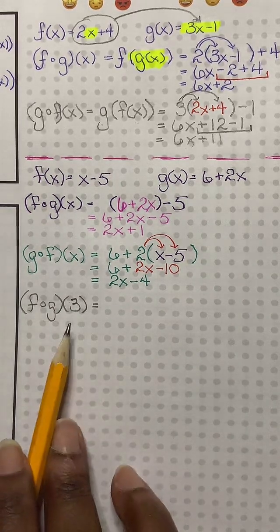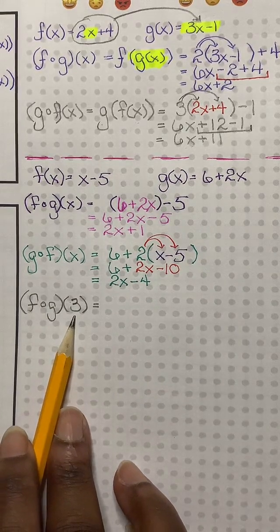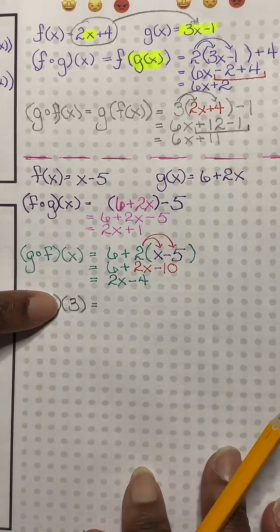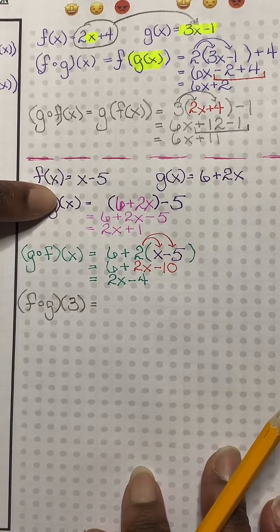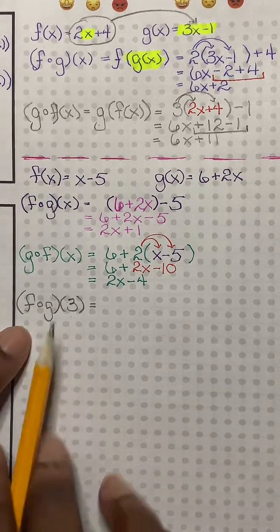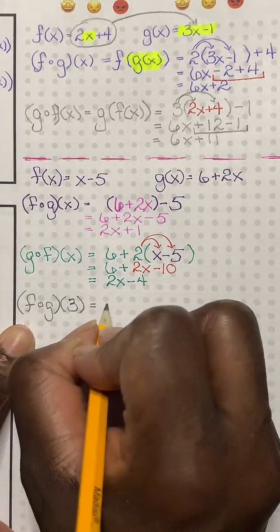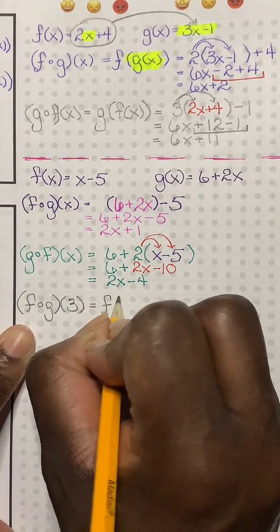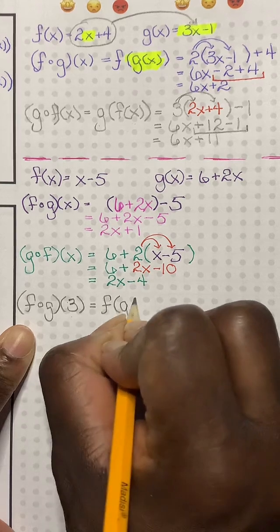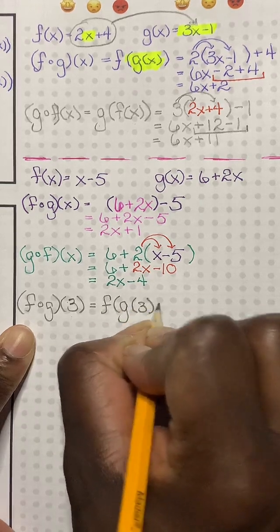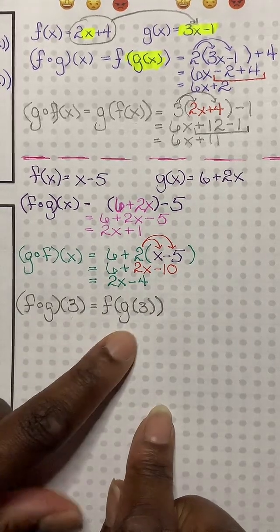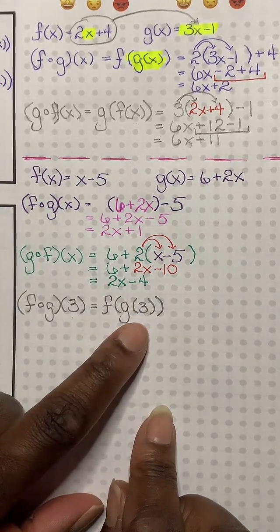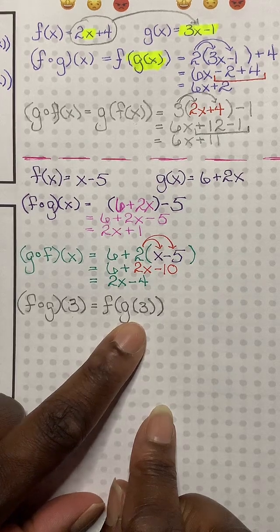So what's different is that we have a 3 in for our value. We normally would have an x. But since we're still doing the exact same thing, we're still going to have the g function being entered into the f function. But we need to do something to the g function first.